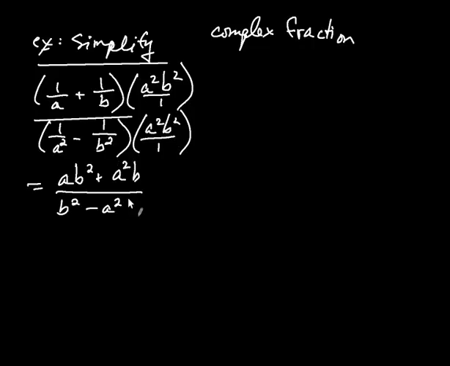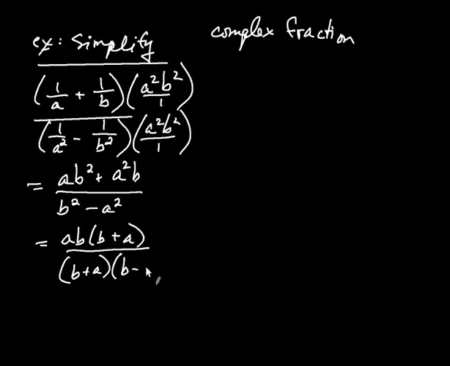Now what we're going to do is factor both the numerator and the denominator and hopefully get some simplification. From the numerator, I can factor out an ab, and I'm left with b plus a. In the denominator, I see that's a difference of 2 squares, and that's b plus a times b minus a.